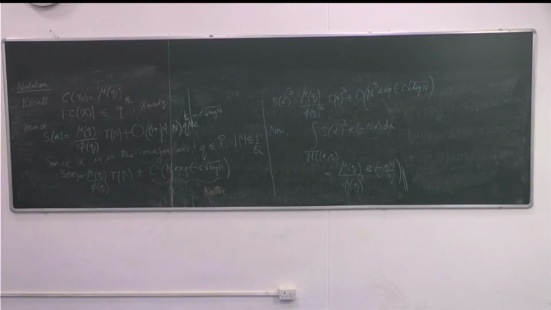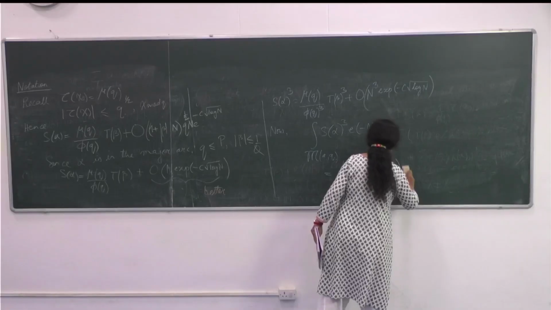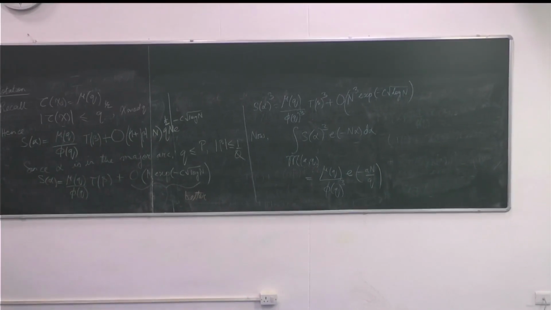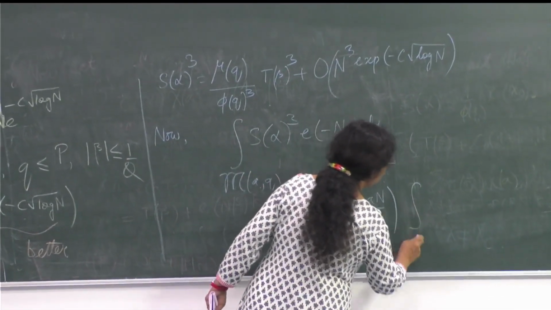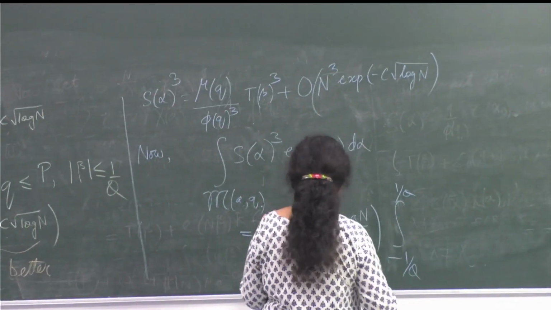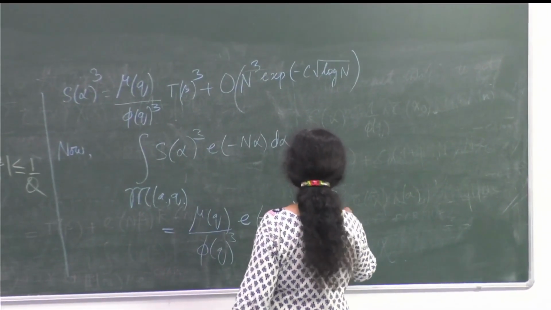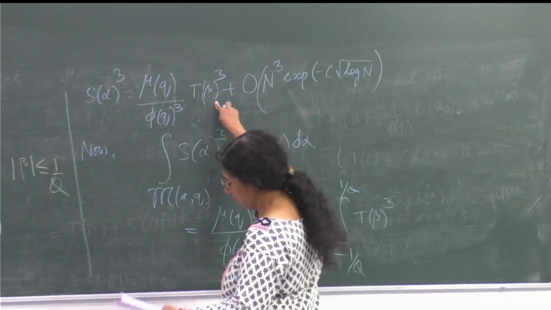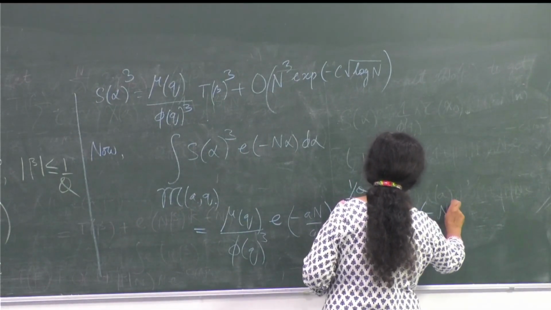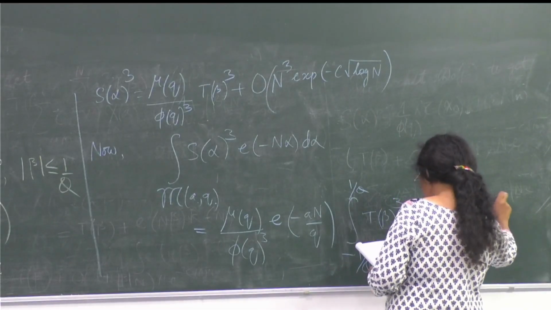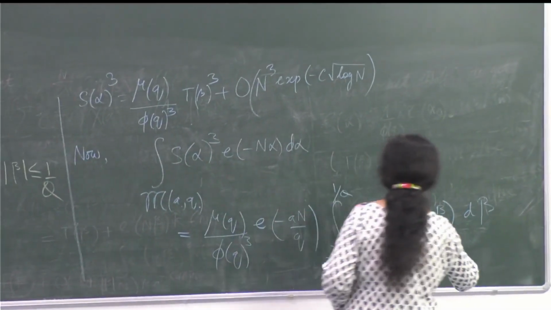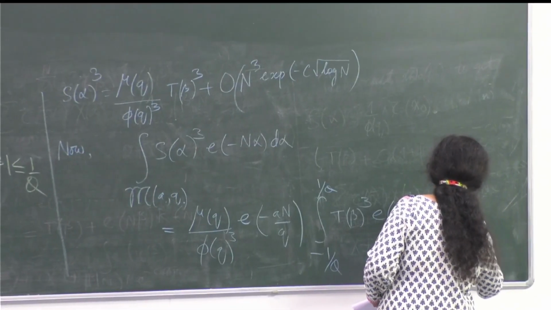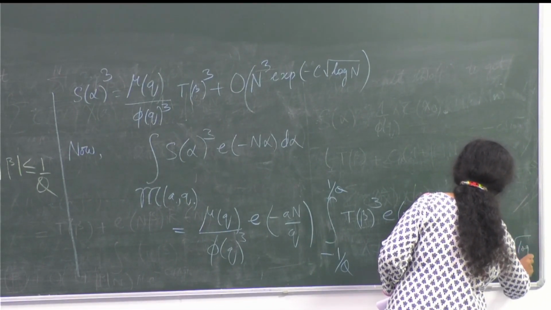So I can move my integral between minus 1 by q and plus 1 by q, of t beta cubed, exponential minus n beta, d beta, plus big O, and the big O is now n square exponential minus c square root of log n.